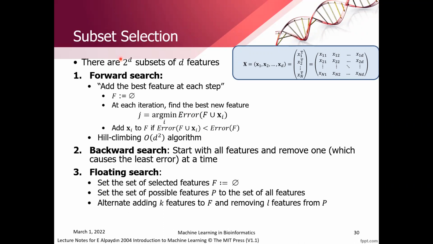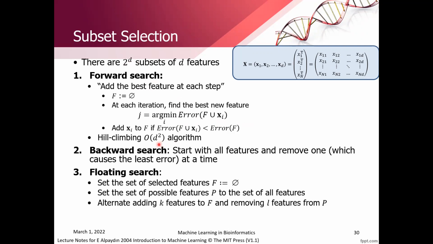The problem is that if D is large, think of microarray data, where D is several thousand, trying every subset is too expensive. Therefore, this approach has a complexity not exponential in D, but only D square.